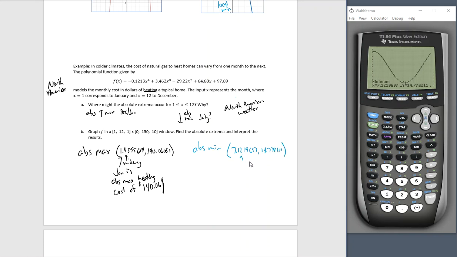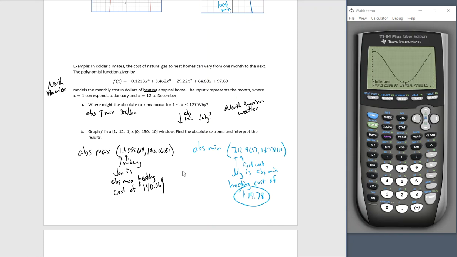So I would say the first week of July is the absolute minimum heating cost of $14.78. I'm going to round that up. 14.778 is going to round up to 14.78.